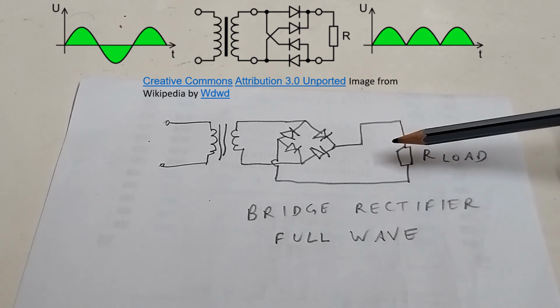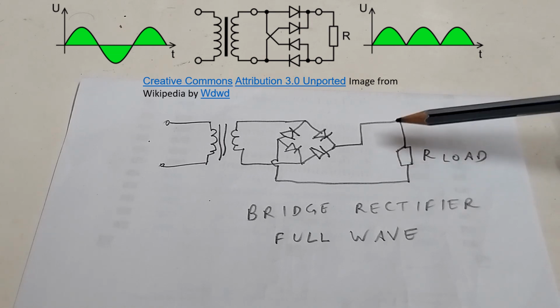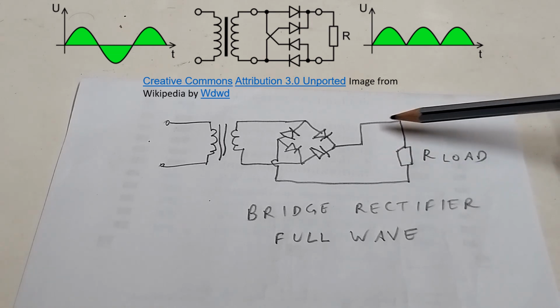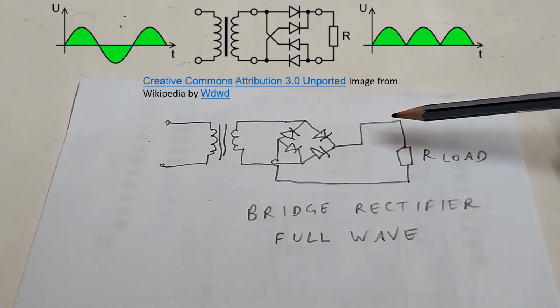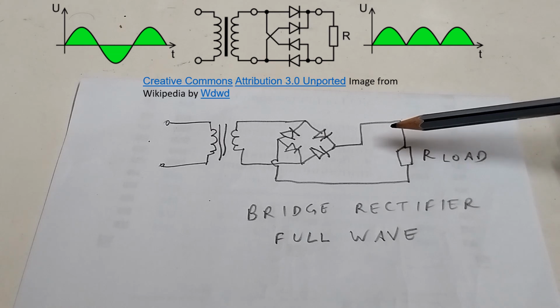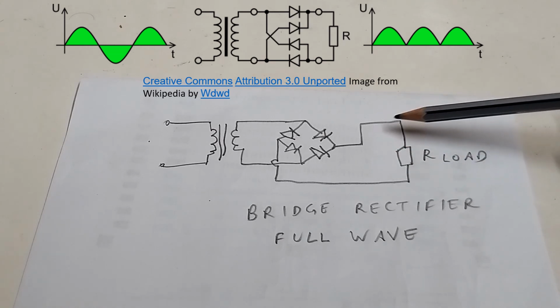Then the ripples will be smoothened out. If you want to smoothen it still further, an inductor can be connected in series here. Most basic rectifier circuits use only capacitors, and if you want a perfect, near direct current like output, then you can use an inductor in series as well.